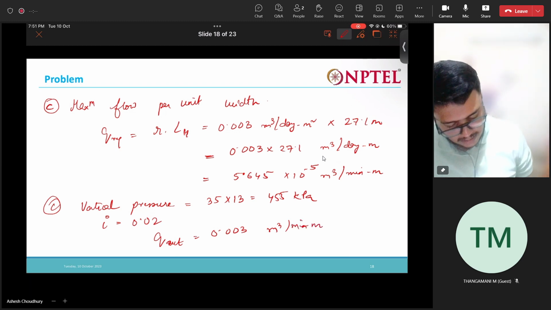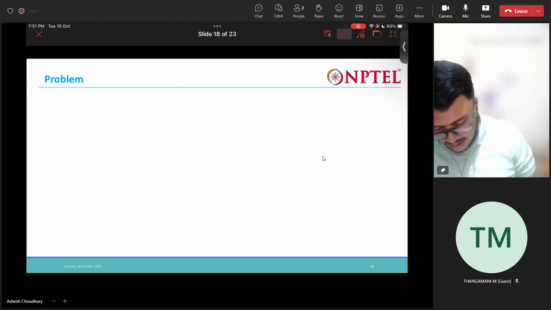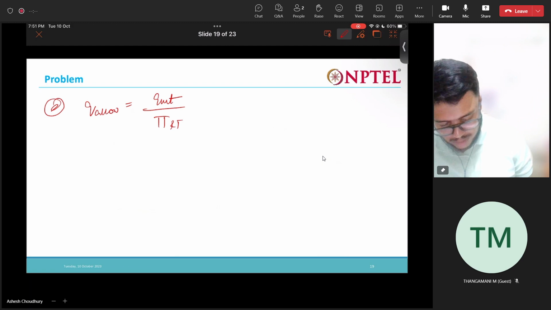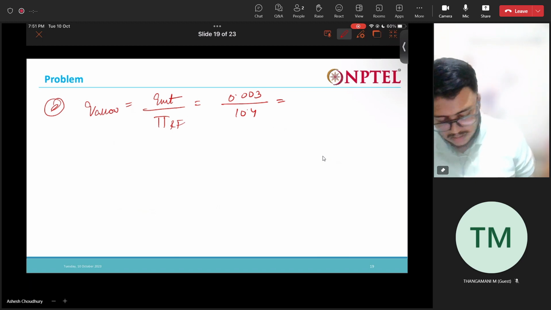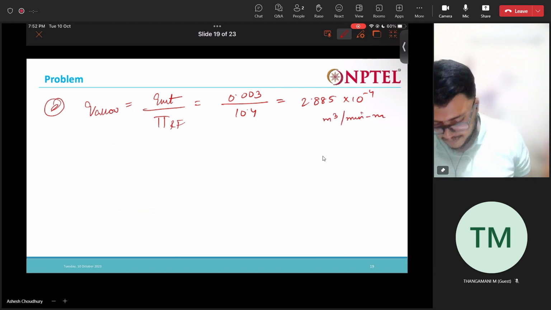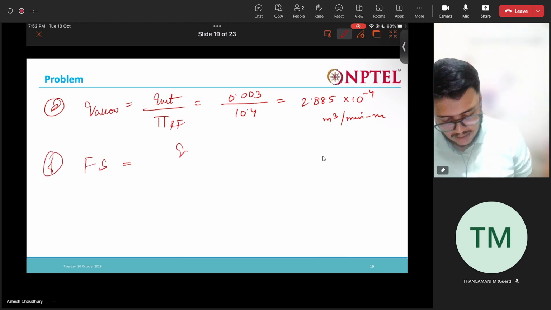Okay, now we get the Q allowable: Q ultimate divided by the cumulative reduction factor, 10.4 they have taken, so it comes out as 2.885. What is the unit? Meter cube per minute per meter. Therefore, finally, factor of safety is Q allowable by Q required.